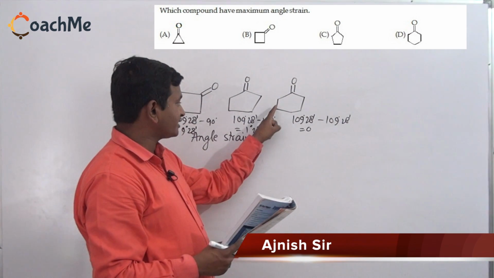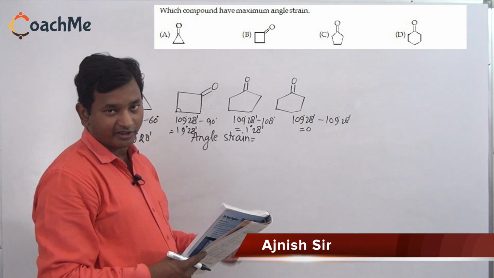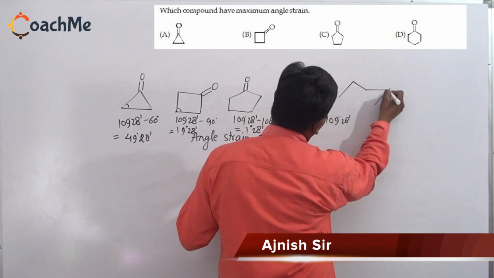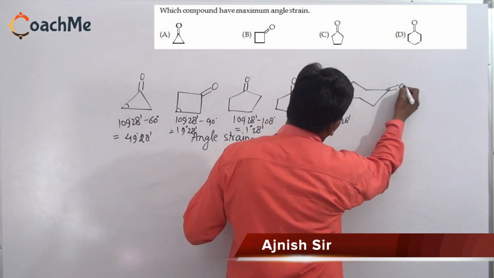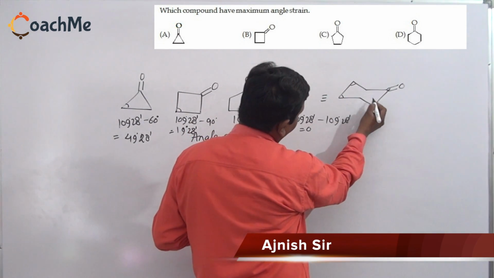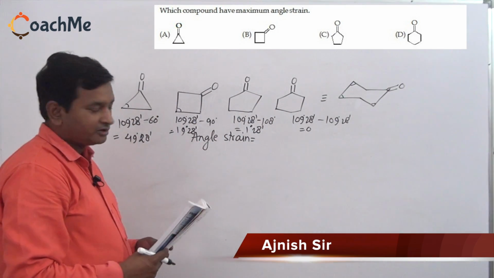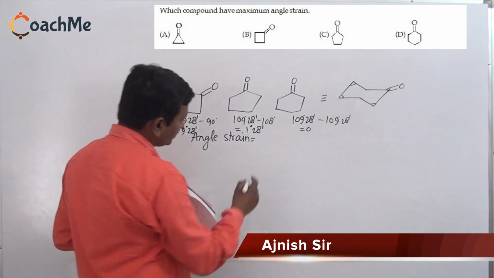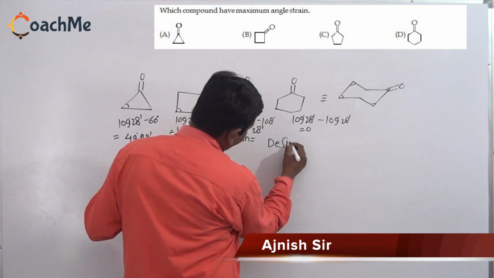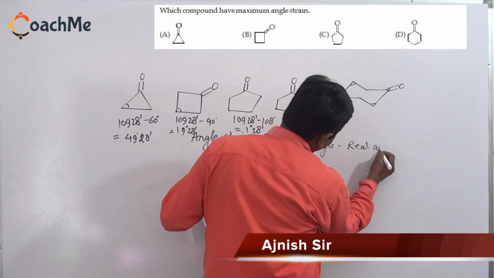Never think that a 6-membered ring has an angle of 120 degree. The cyclohexane will be in chair and boat form. So the real cyclohexanone will be like this, and the angle will be 109 degree 28 minute. So the angle strain is 0. The definition of angle strain is the desired angle minus the real angle.